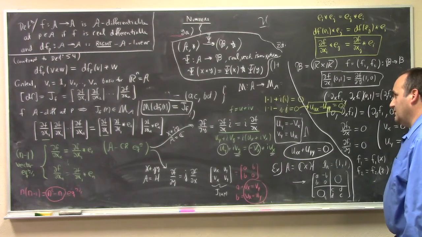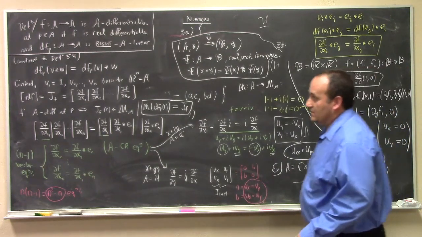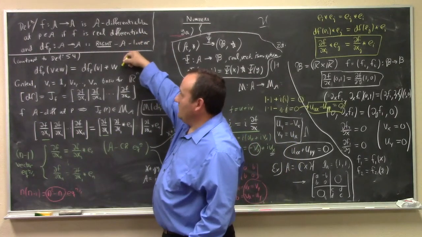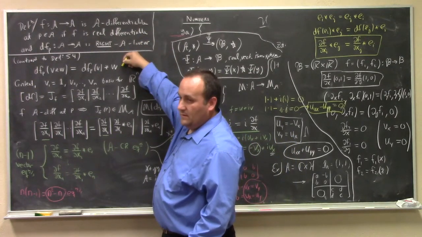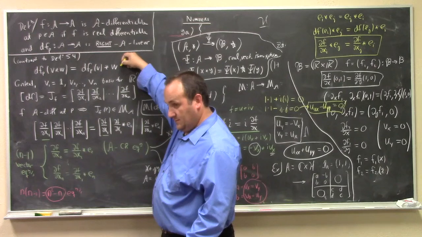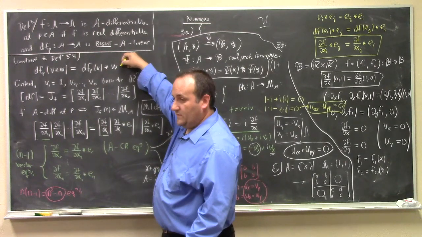You notice here also another question. I've defined differentiability in terms of right linearity of the differential. There's a whole other class of literature where they define differentiability by a difference quotient, where they just take the difference quotient over the elements which have inverses.